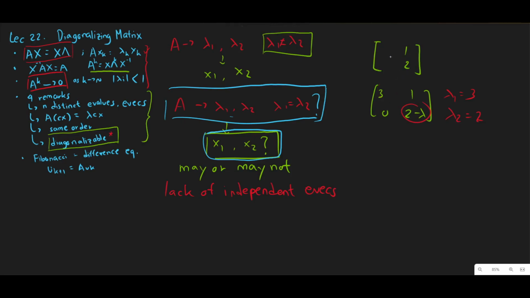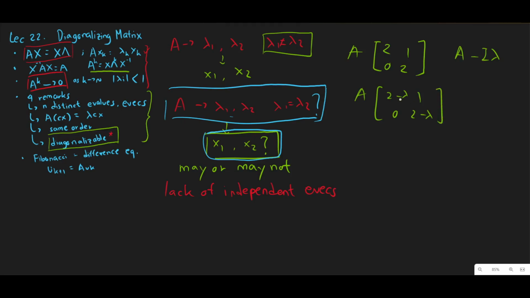But how about if I write it this way? Instead of 3, I have 2 here. And we did the usual A minus lambda times identity, and then we have it in this form. So we now have lambda 1 of 2 and lambda 2 of 2.